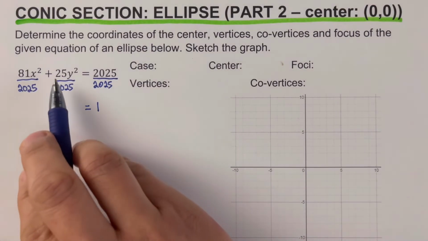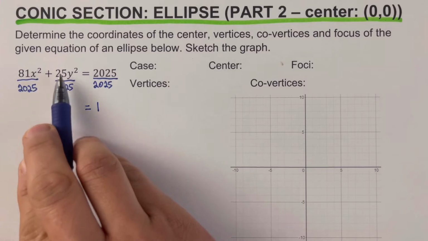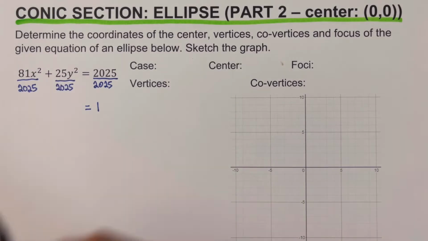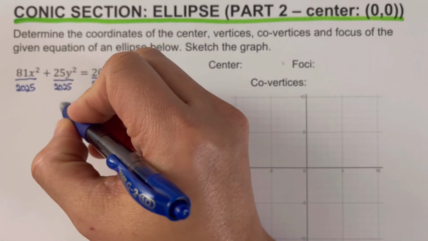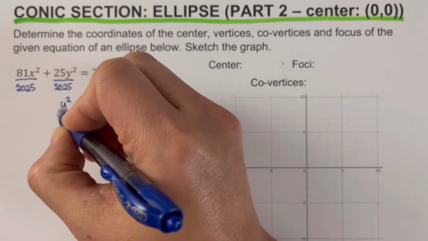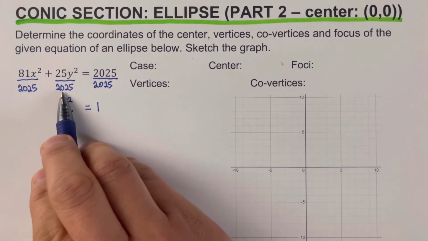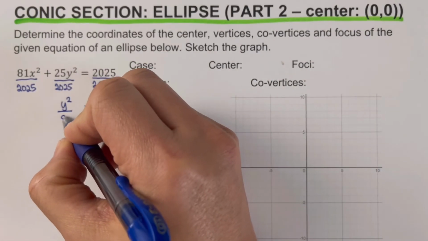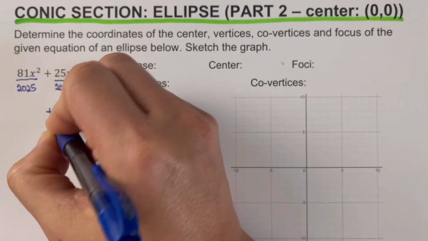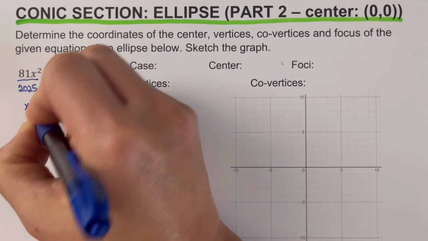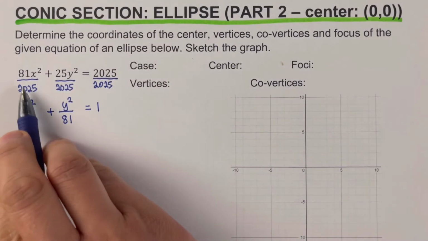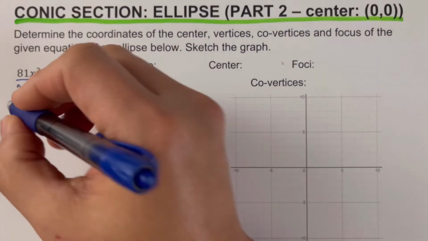Now we have 25 and 2025. 25 goes into 25 one time, so we can just have y squared on top of it. That's y squared over 2025 divided by 25, which is 81. So I'm just going to write that down here. Then that's plus x squared as well up here. This 2025 divided by 81 would be 25.